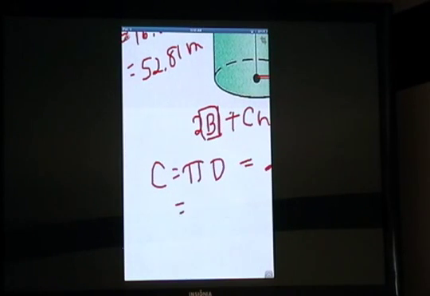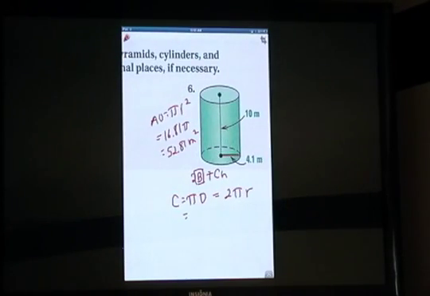Okay, the diameter is 4.1, so, excuse me, the radius is 4.1, so the diameter is 8.2 times pi, which is 25.76 meters. Now we needed 2 bases, but here we only have 1. So we're going to say 2 times 52.81.